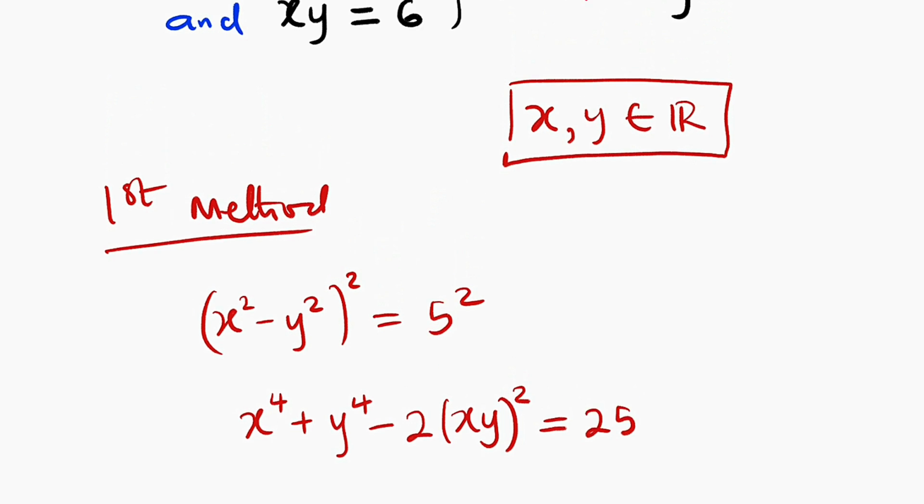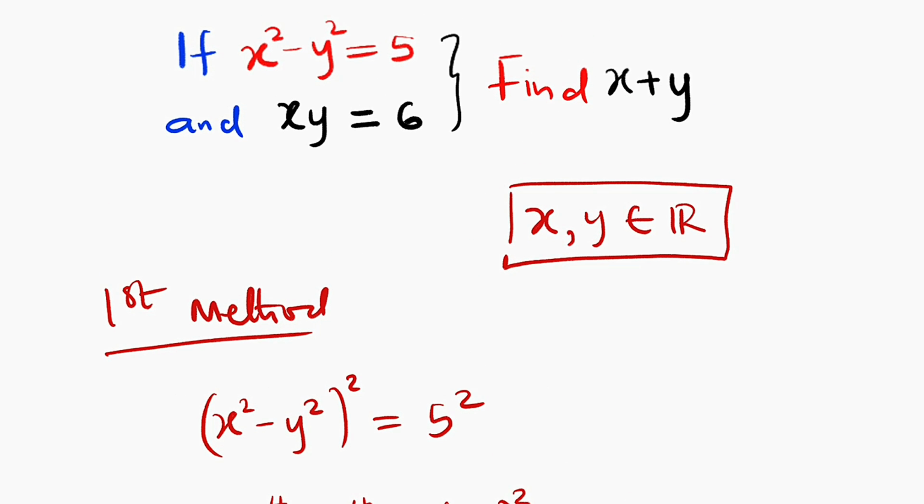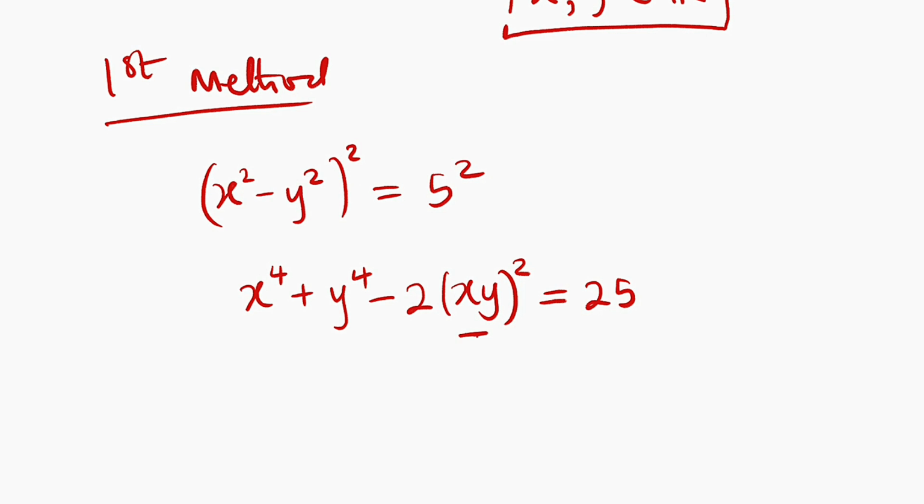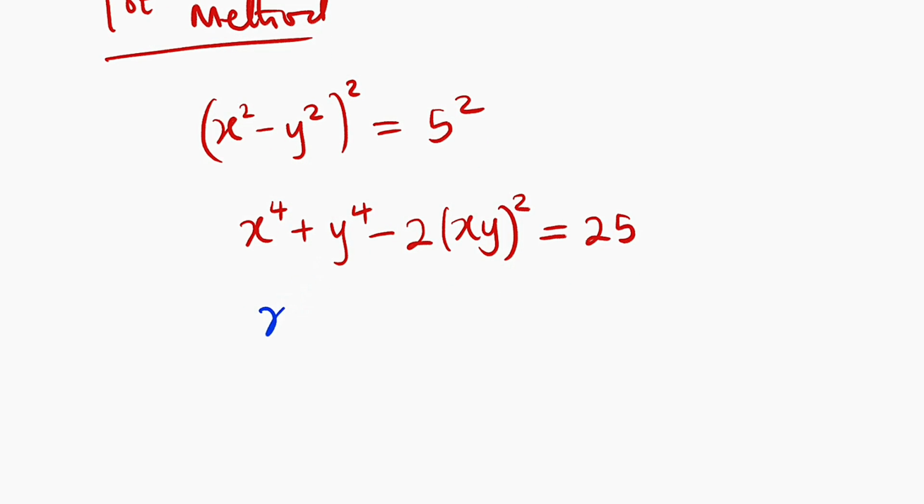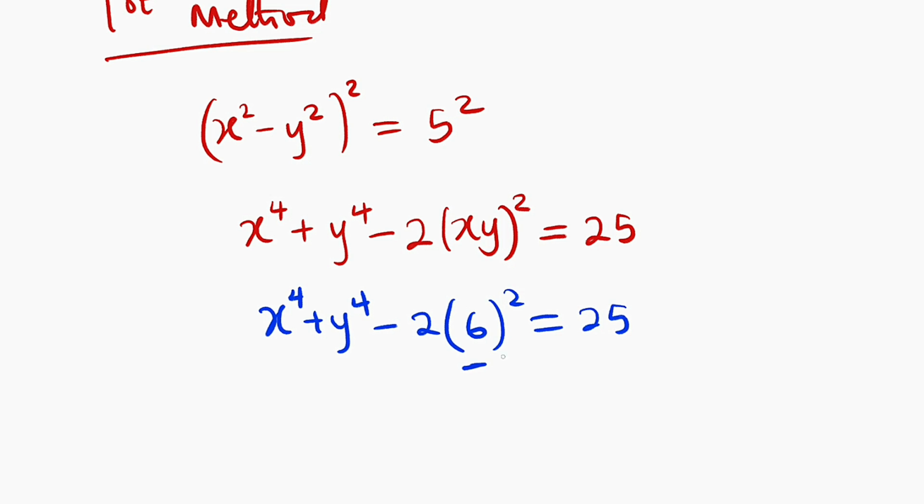But in the second equation, we have seen that x multiplied by y is equal to 6, so we can substitute it here. Therefore, x to the power of 4 plus y to the power of 4 minus 2 multiplied by 6 to the power of 2 is equal to 25. 6 squared is 36, and 36 times 2 will give us 72.